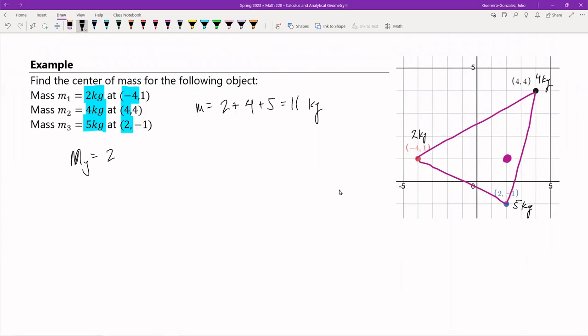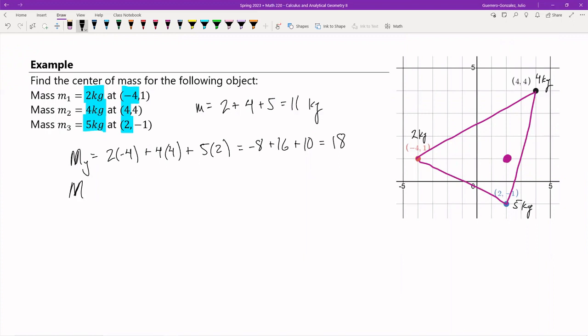So this is going to be 2 times -4, plus 4 times 4, plus 5 times 2. This is going to be -8, plus 16, plus 10. And all of this adds up to 18.